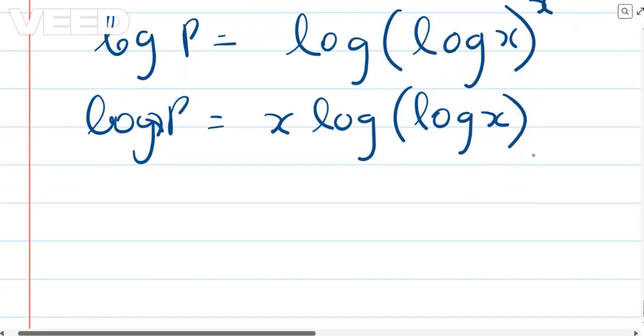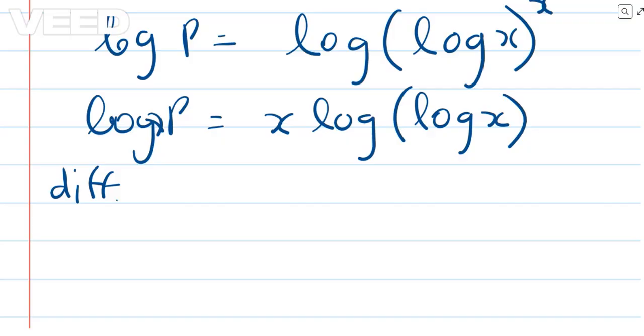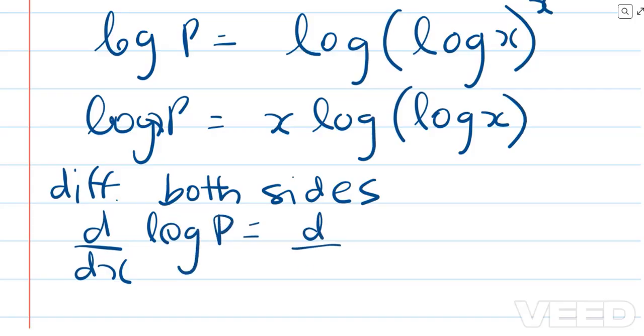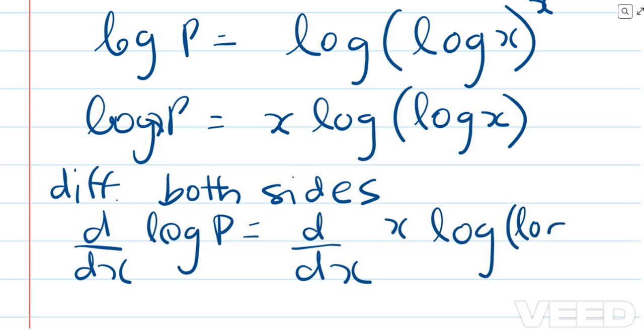So here we'll start differentiating both sides. We get d by dx of log p is equal to d by dx of x log of log x.